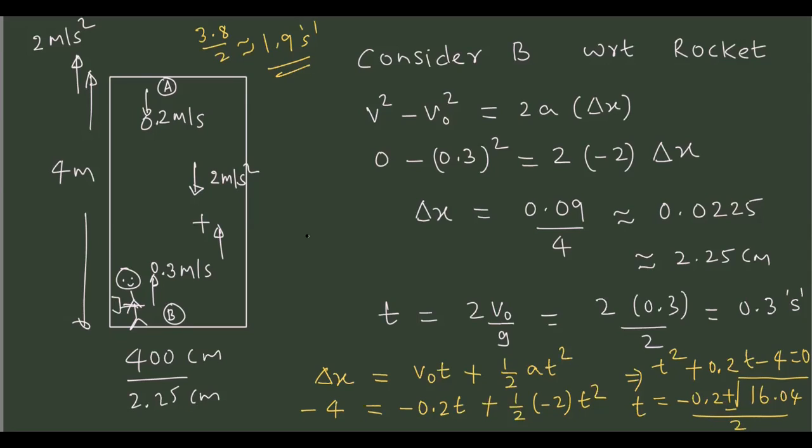In physics problems, they try to test our observation also. It's not just that we have some equations and we plug in and get answers. No, it's not always that. This is actually a good problem. The scenario is very nice.